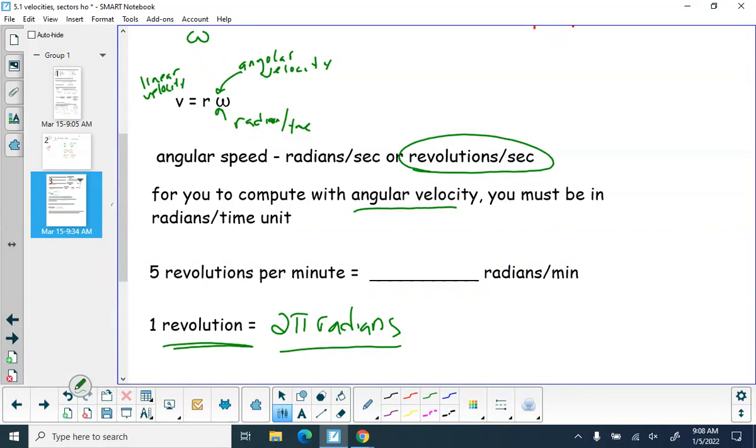If you have one revolution, that is equal to 2 pi radians. So to convert 5 revolutions per minute to radians per minute, every revolution is 2 pi radians. So how many radians per minute is 5 revolutions per minute? 10 pi.